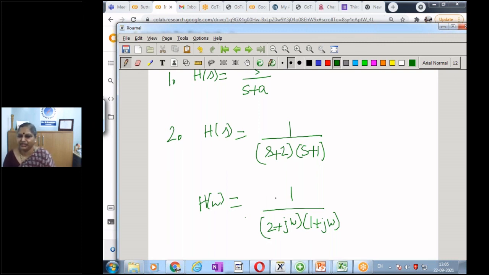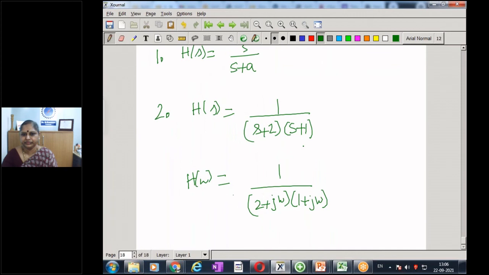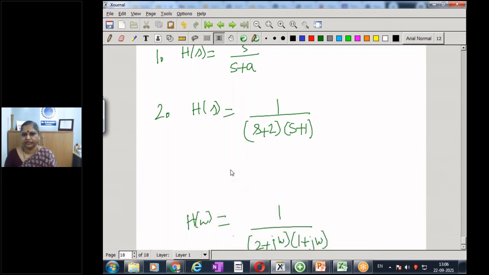Multiply the magnitude of this, multiply the magnitude of this, and you'll get the overall response. And similarly, you need to express it as a partial fraction.